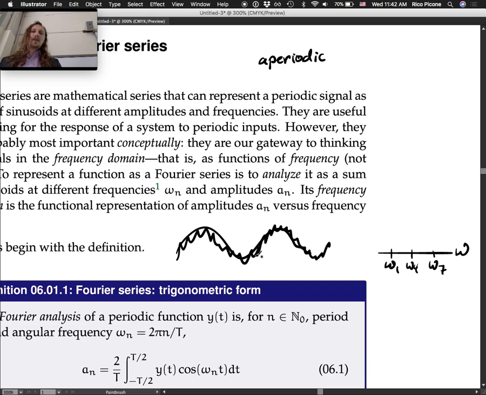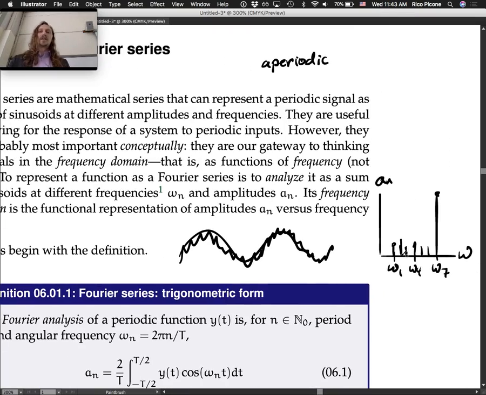Say these lower frequency ones maybe didn't have much going on. Their amplitude, so I'm going to plot A n here, is maybe small for omega 4. Maybe for these intermediate ones also small, it could even be 0. And then for omega 7, A n would be large. Okay, so we can think of this as the frequency domain, and we call this the frequency spectrum.